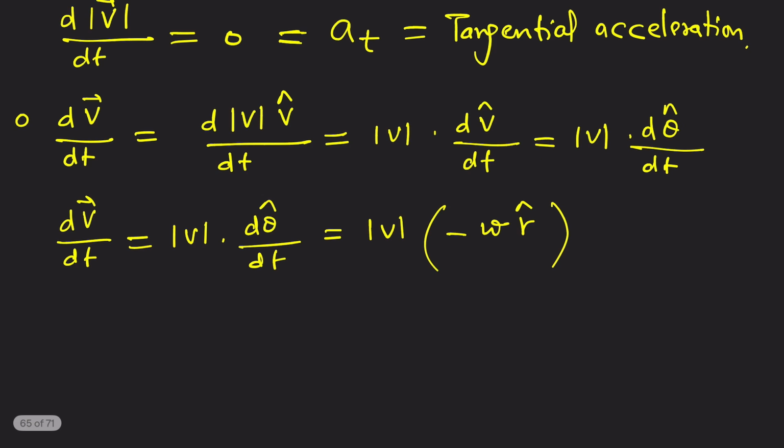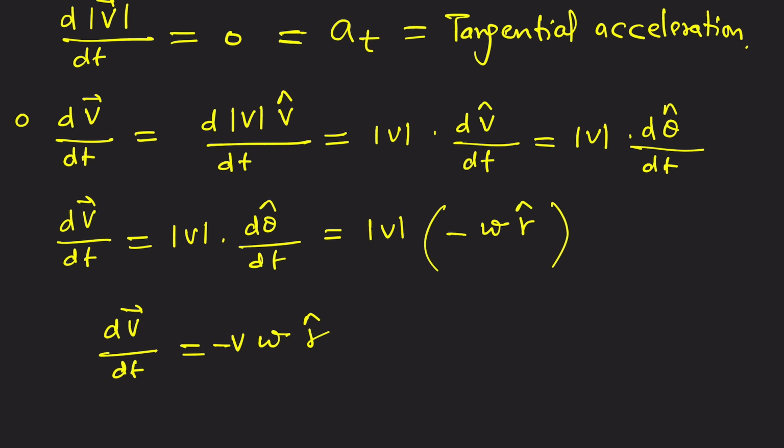So what we got is dv by dt is equal to v into omega into minus r cap, that is, minus v omega r cap.